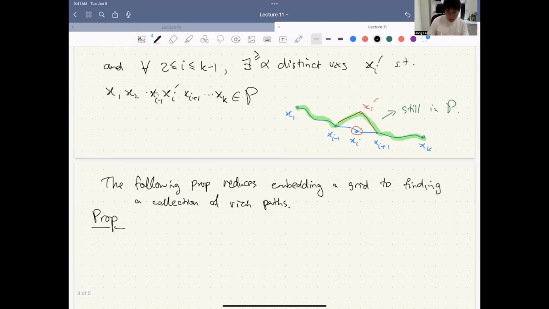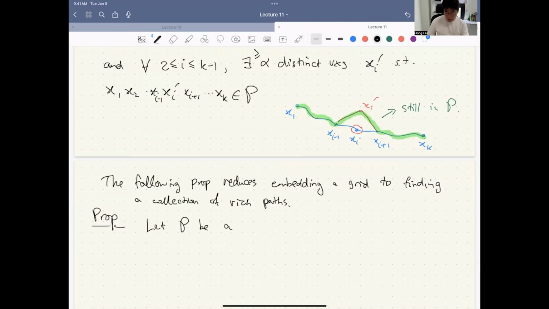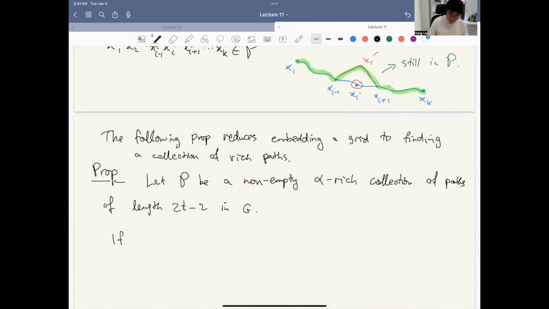Let P be a non-empty alpha rich collection of paths of length 2t minus 2 in some graph G. Now, if alpha is at least t squared, then G contains a copy of the t by t grid G_{t,t}.